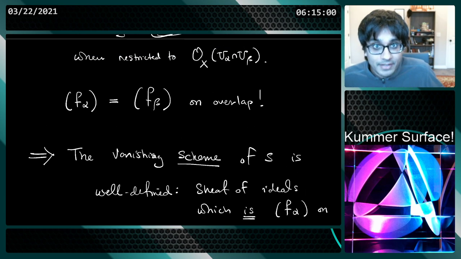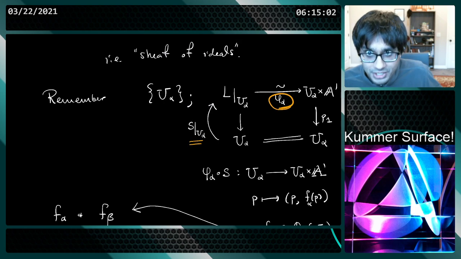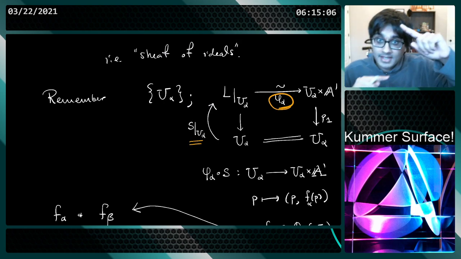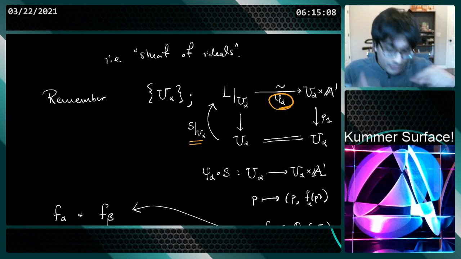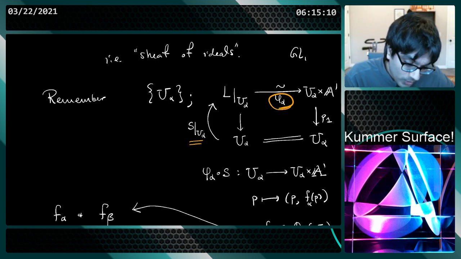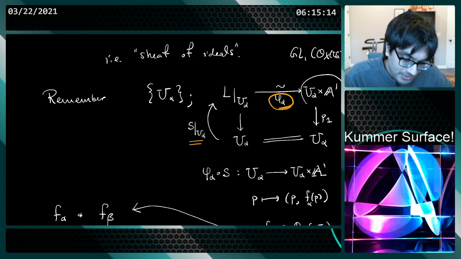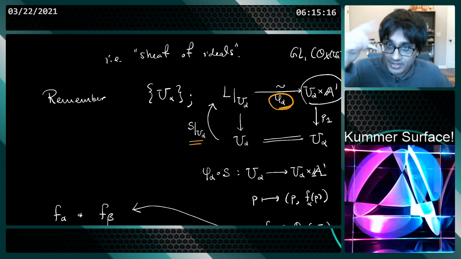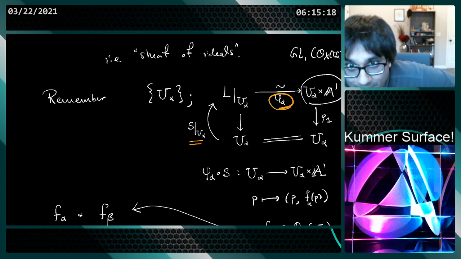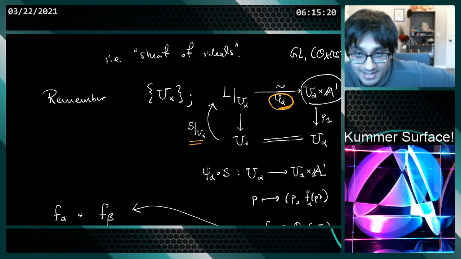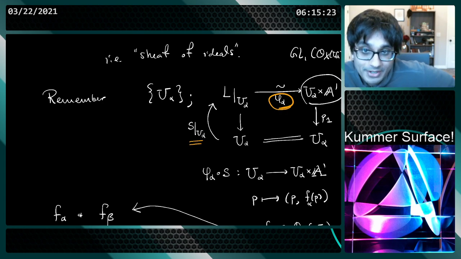Notice that if you take a different trivialization on U alpha cross A1, two trivializations differ by an element in GL1 of O_X of U alpha. That's what the automorphisms of this A1 over U alpha are. It's just a 1-by-1 invertible matrix, or an invertible element in O of U alpha.